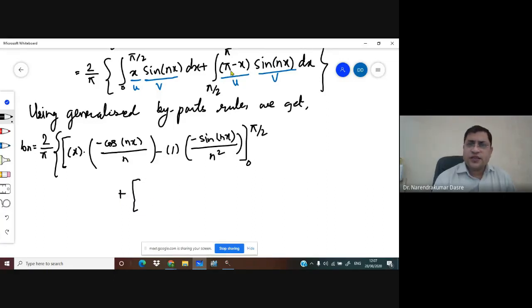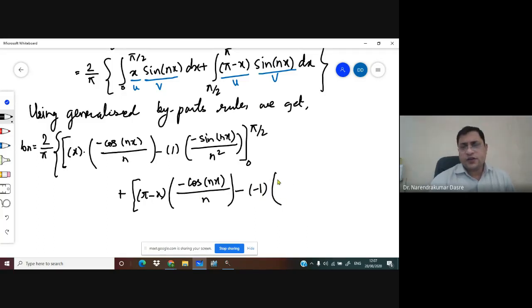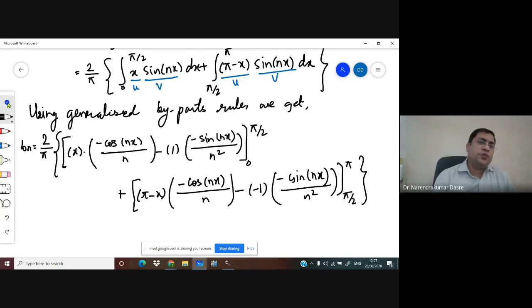The next, for this we'll have pi minus x as it is, and the integration of sine, minus cos of nx upon n, then minus the derivative of this term, which is minus 1, and the integration, what do you have? Minus sine of nx upon n square, and the limits here are pi by 2. Okay. So as I said, please be careful for the limits. Pi by 2 to pi.